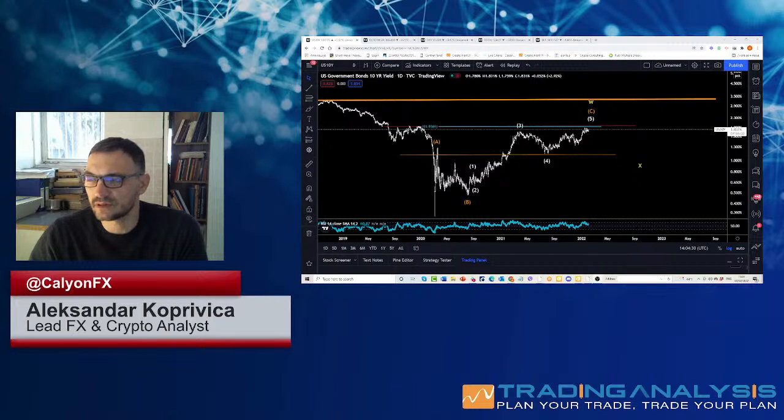One of the general themes is also that cryptos are still not decoupled, and I think they will never be from the general macro picture and the liquidity available in the system, as well as what the actual central banks are doing.